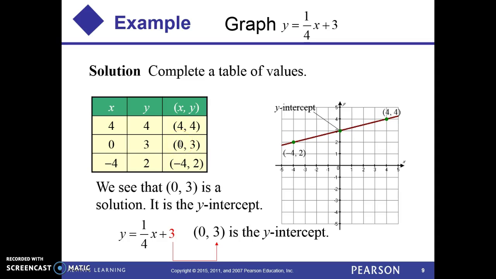Then again, we chose whatever numbers we wanted for the other two values of x. The reason they chose 4 on this one is so that the fraction easily goes away. When we take 1/4 times 4, it's just 1, and 1 plus 3 is 4. We pick the numbers that make the problem work the best.